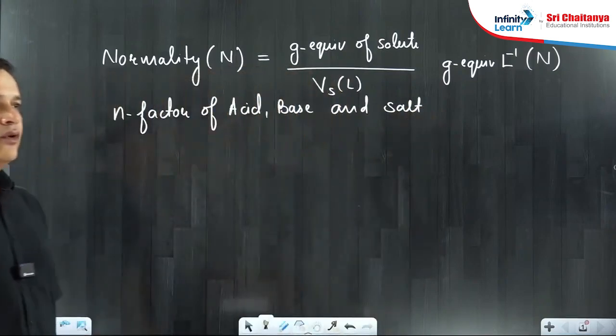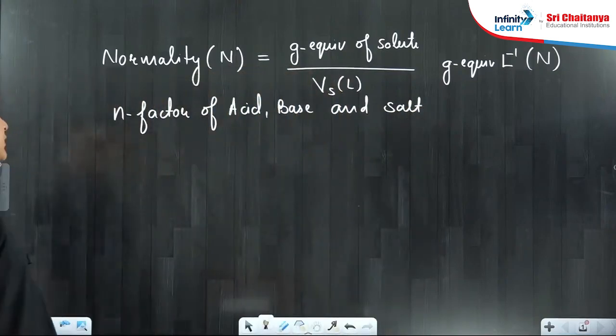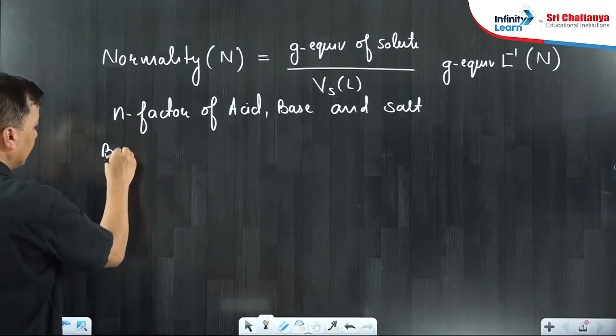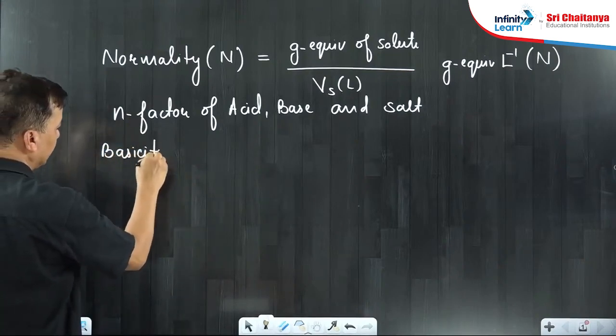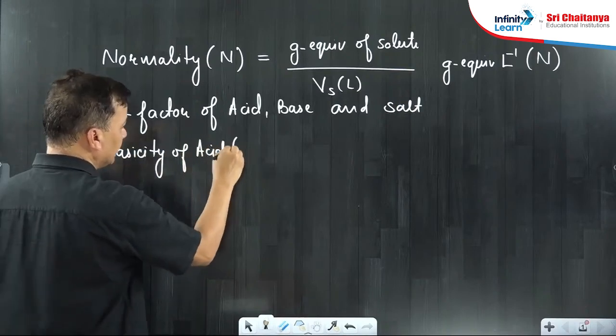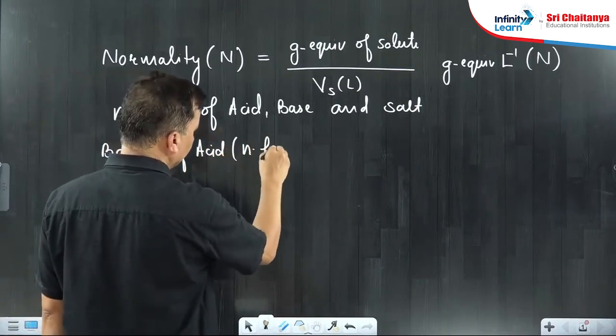Okay. So what about the N factor? For an acid, it will be the basicity of the acid. Basicity of acid means its N factor.